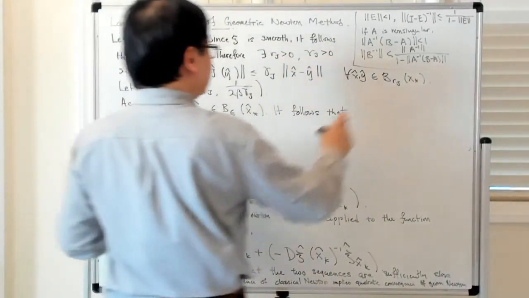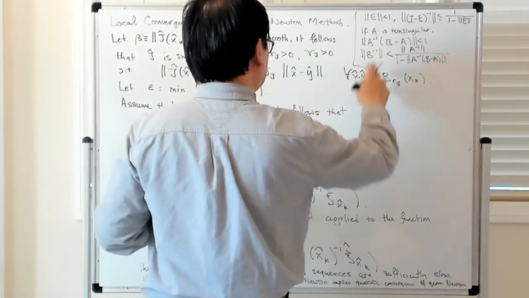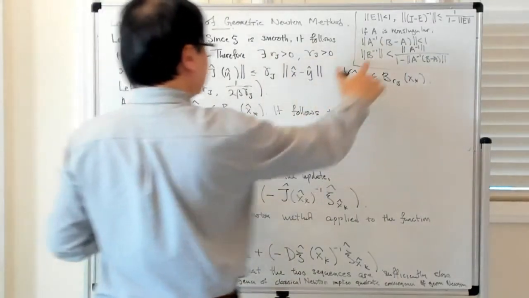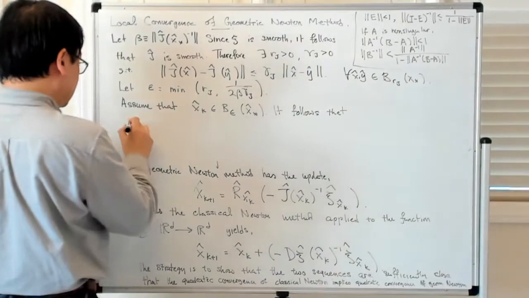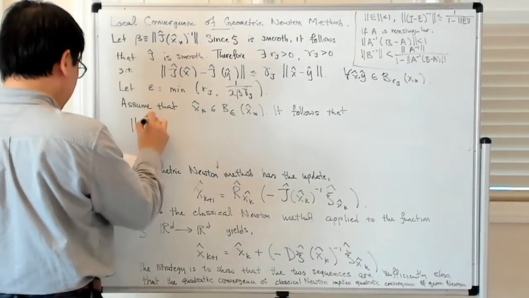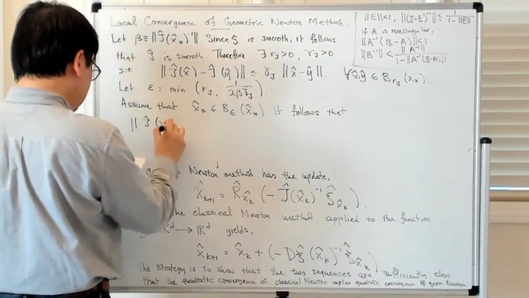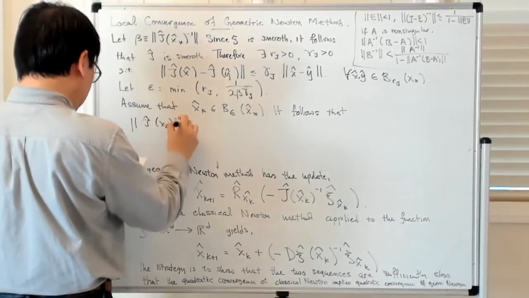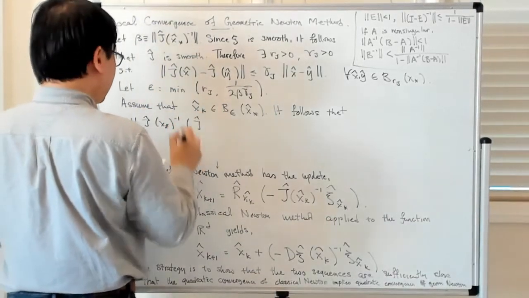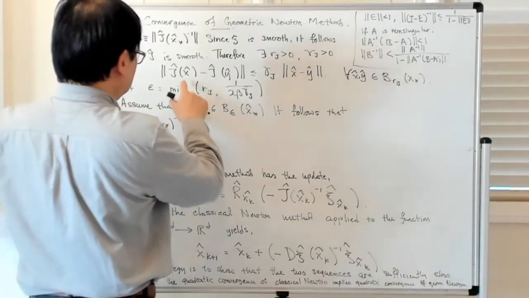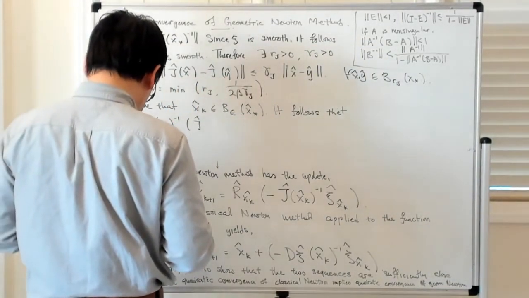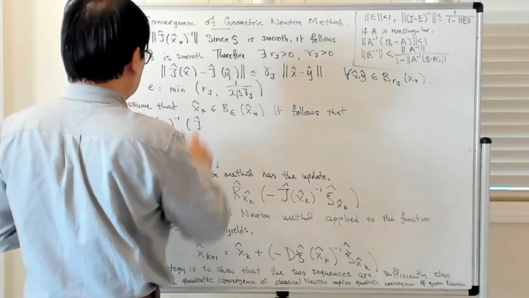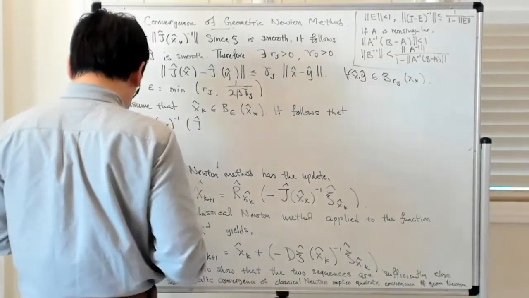So now I'm going to look at something like this. I'm going to show this condition holds. So it follows that J hat x star hat inverse applied to J hat. I'm just looking at these two points, one of them is going to be x star and the other one's going to be x_k.